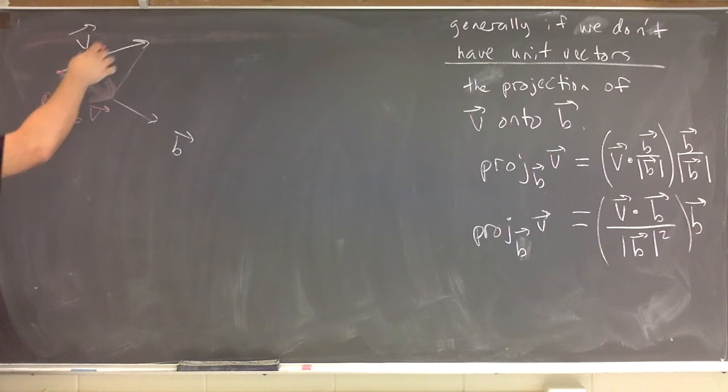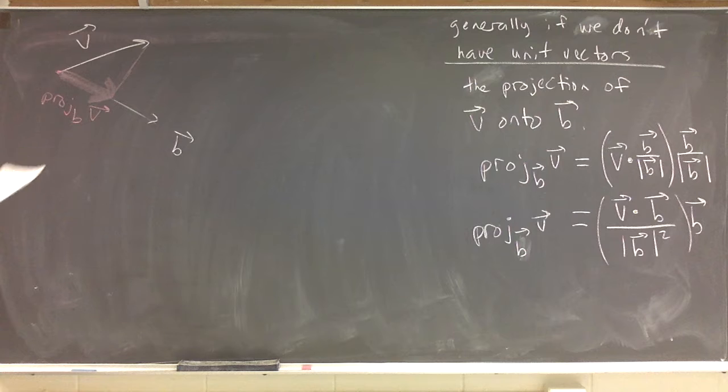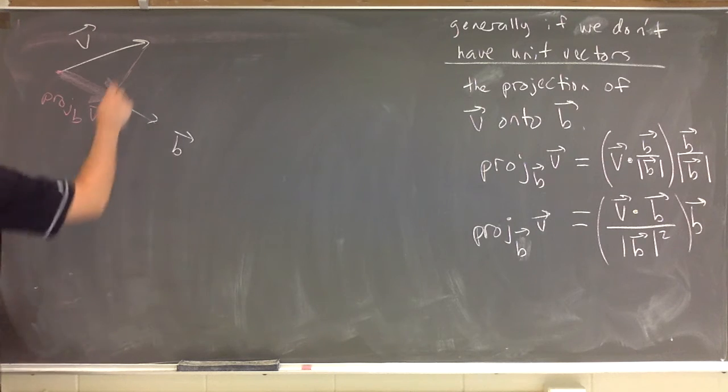Sometimes I like to call it the shadow of V onto B, right? And so that's what's going on. Now, over here, okay, what is this?